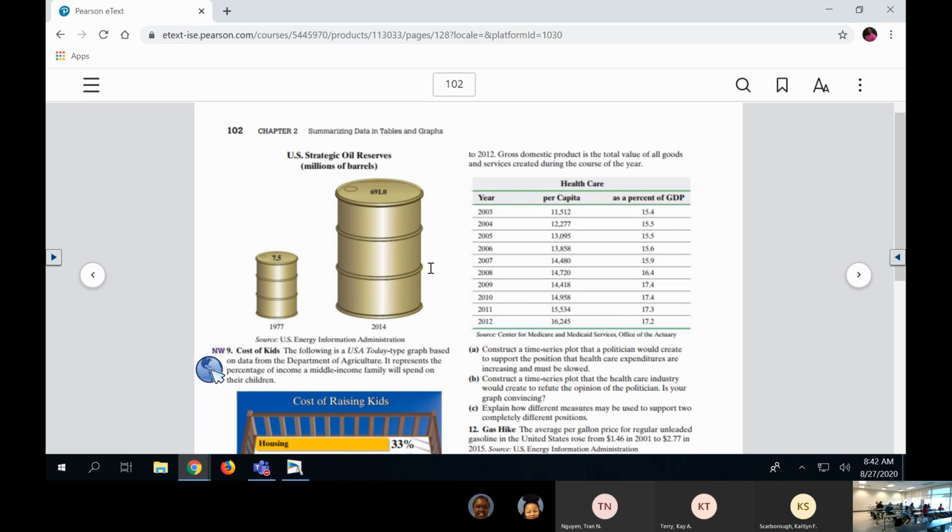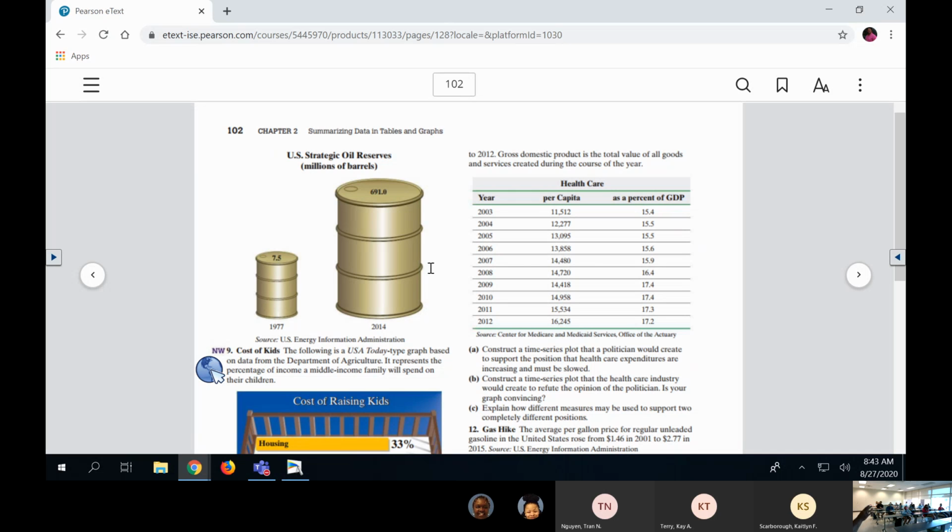Somebody tell me what the percent increase is. 691 is the new, minus 7.5, divided by 691, multiplied by 100. What do you get? 99% increase, but you only got 8 barrels to go in there.